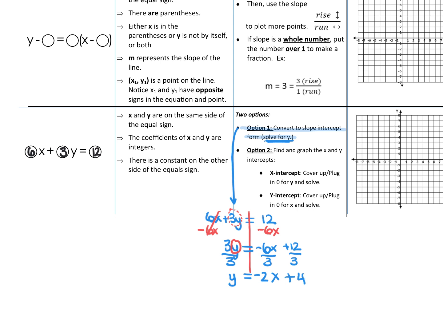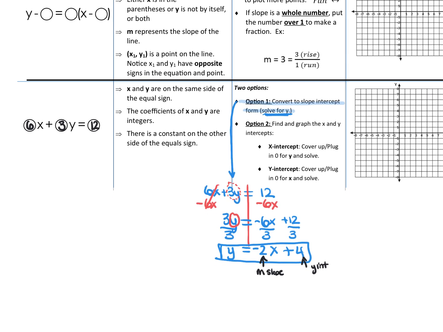Plus 4. This is my slope-intercept form, where this is my m, or my slope, and this is my y-intercept. And with that slope, the negative 2 is my rise, and over that I can put 1 and make the 1 my run. So if I go to graph this, first I'm going to graph the y-intercept.